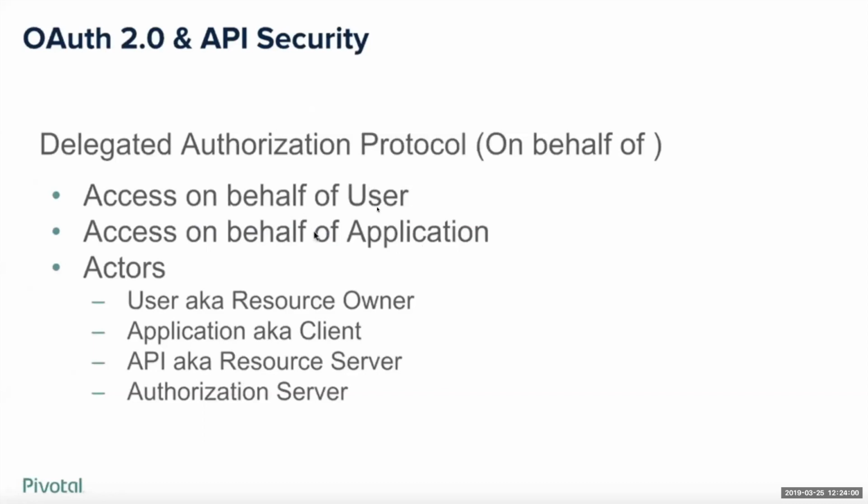When we do this delegated authorization protocol, there are essentially four actors. So what is an actor? Let's say I'm trying to sign up to Stack Overflow for the first time. That's me as a user trying to access an application called Stack Overflow.